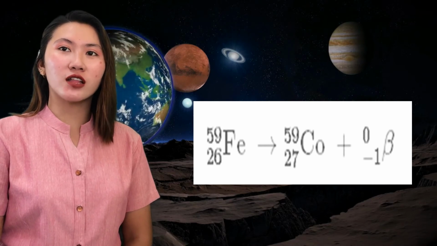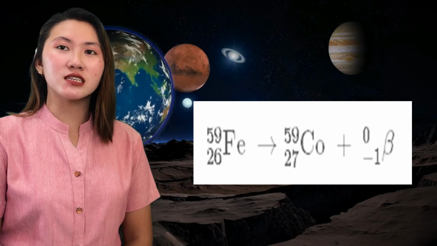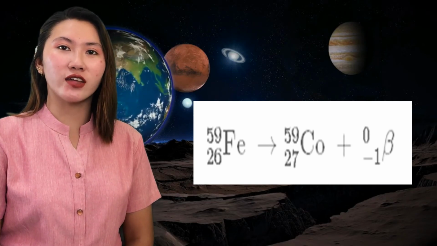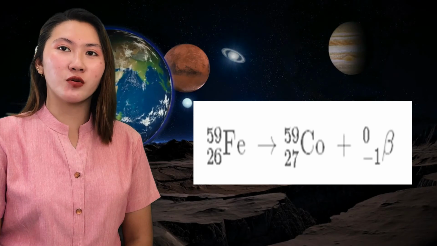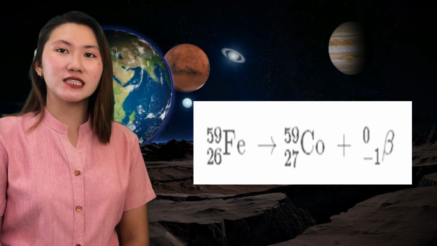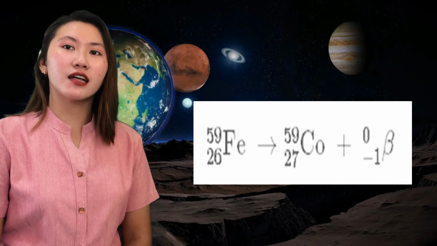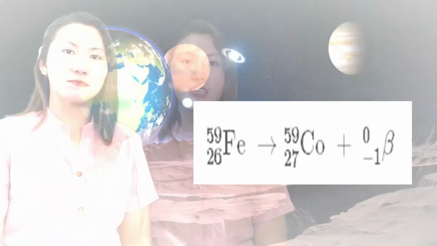Minus 1 when subtracted from the atomic number of iron becomes plus 1. So 26 plus 1 is 27 and 59 plus 0 is 59. So as you can see, one proton is added and becomes a new nucleus, which is cobalt, and the atomic mass remains the same. Let's try another example.